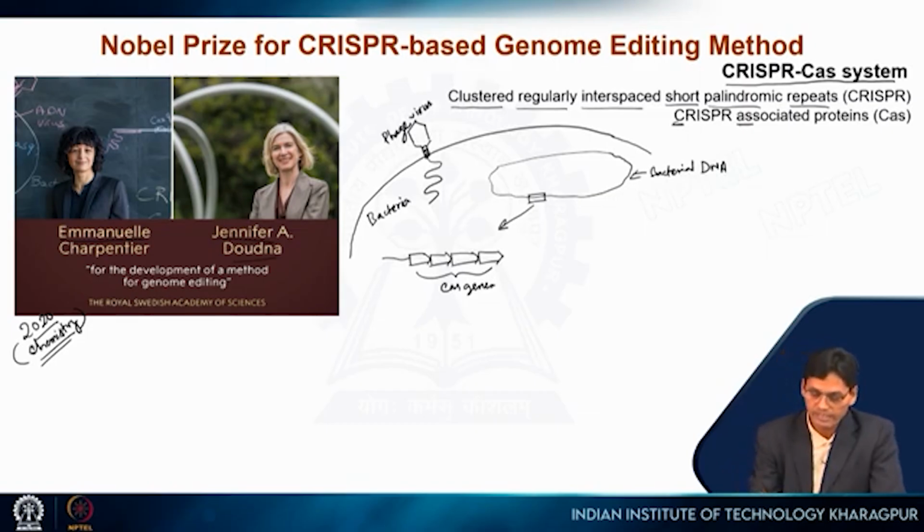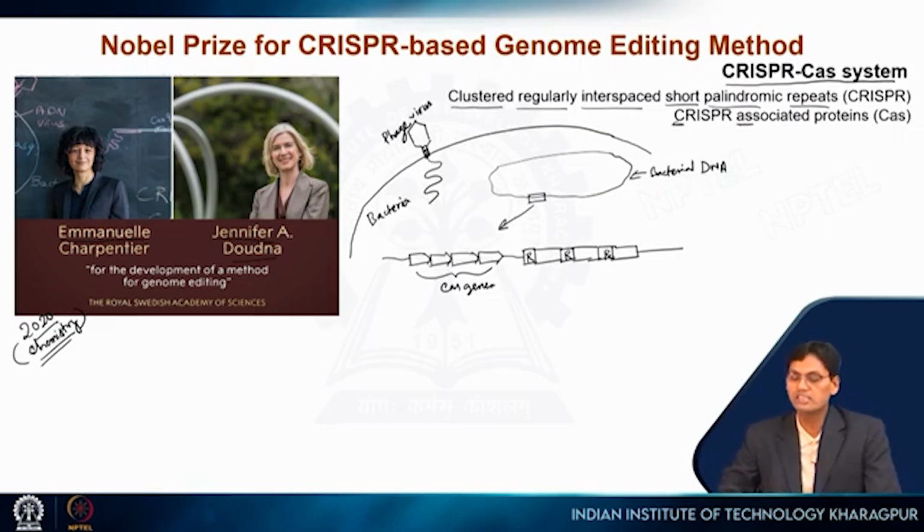This is followed by the CRISPR array. What is the CRISPR array? You have repeats followed by spacers. I will explain that. If I say this is repeat, repeat, repeat, it is some kind of short palindromic repeat.